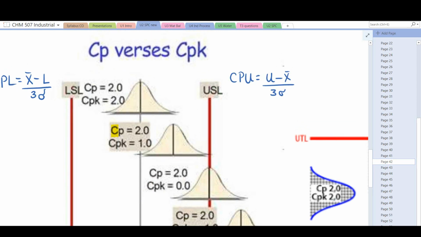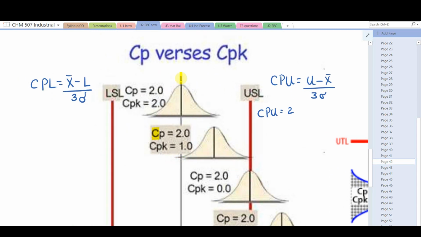So in the first case, the upper spec limit minus the process mean divided by half the process spread, 3 sigma. You can see that's about 2 to 1. So here Cpu is 2 to 1. Let's look at Cpl. X bar, the process mean, minus the lower spec limit, that length, divided by 3 sigma. Again, that's about a ratio of 2 to 1. Cpl is equal to 2.